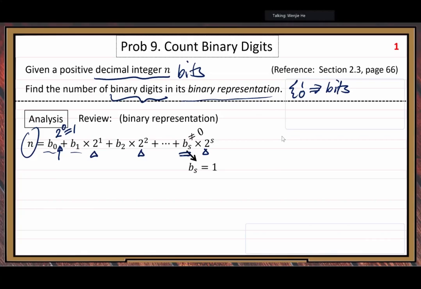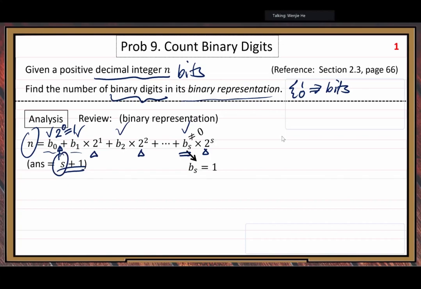Then it can only be 1, because it is 0 or 1. Then, when you count the number of bits, the number is s plus 1. So we have the representation of the answer, but in our representation, we use a different variable, s.